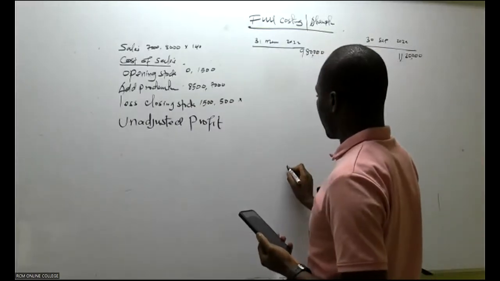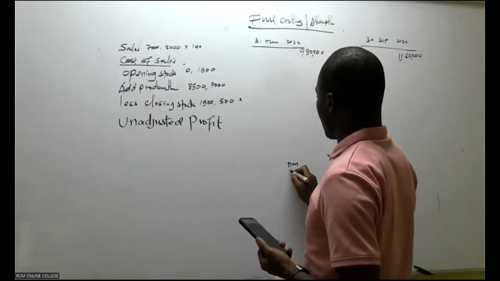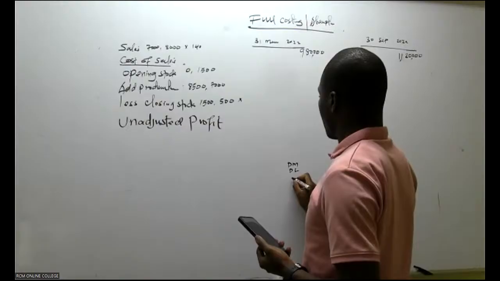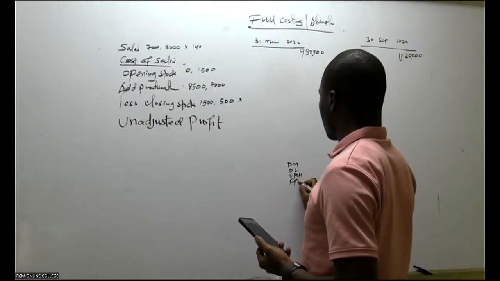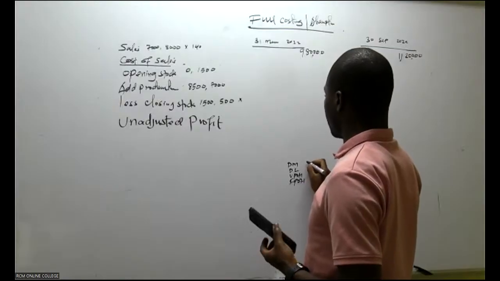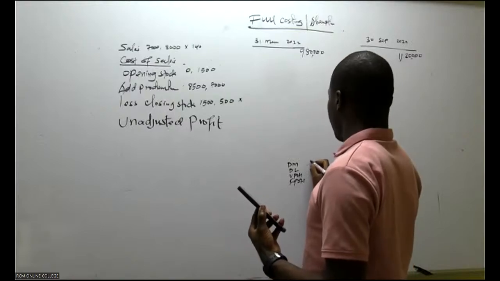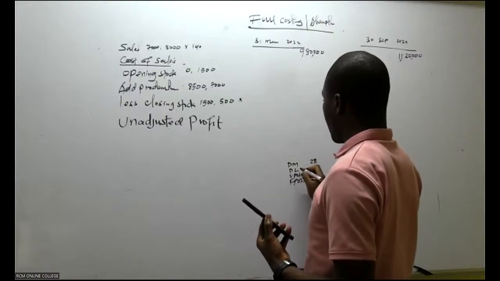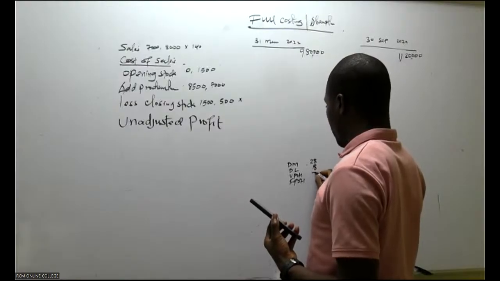Now, for us to get the cost under absorption or full costing, it is direct material, direct labor, variable production overhead if it is there, then fixed production overhead. Per unit, direct material we were given 28. Direct labor, you were given 18. Variable production overhead was not there.